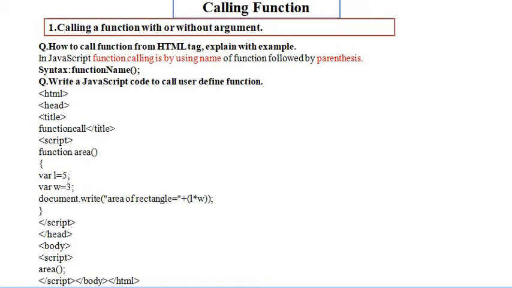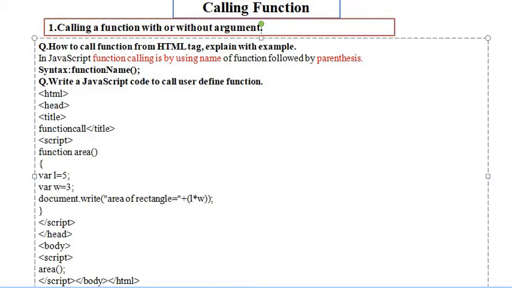In the next line, by using the write function, I am displaying the result of the rectangle on a web page. The formula of area of rectangle is length into width. In a body tag, I am calling the function, that is area is called here. The output of this function is 15 displayed on a web page.